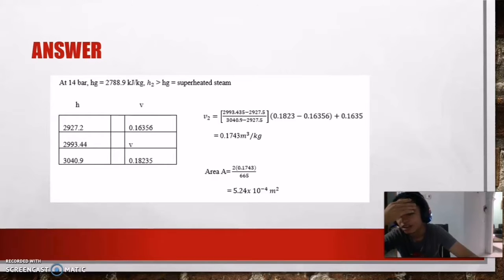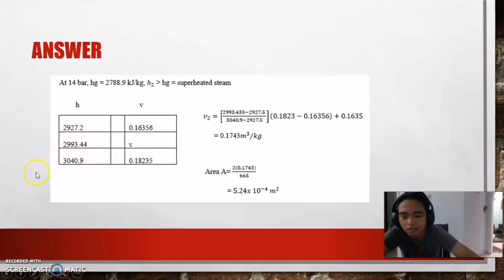How do we find volume, v2, by using interpolation? So we need to look at what we get, 2,993.44.